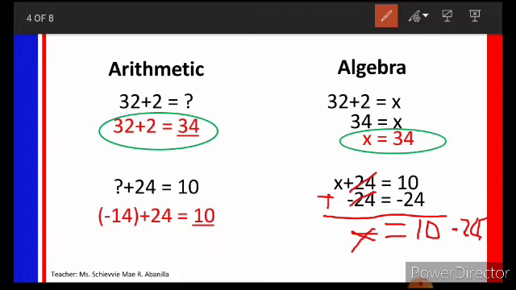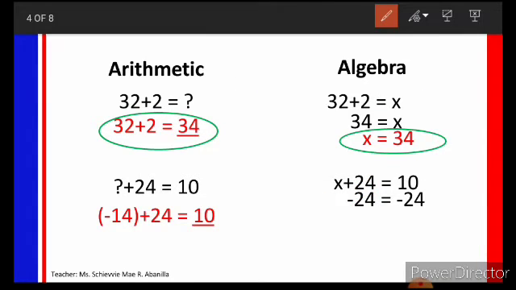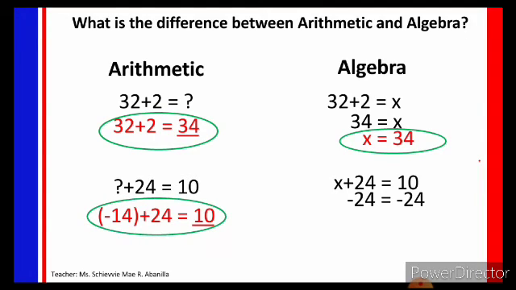Right? Okay. So ganun lang ang process niya. So let's see if we still can have the same answer as with our arithmetic in this algebraic equation. So we have x is equal to 10 minus 24 kasi na-cancel na siya at naiwan na si x doon. Kasi nga naging 0 na yun. So we now have x is equal to negative 14.